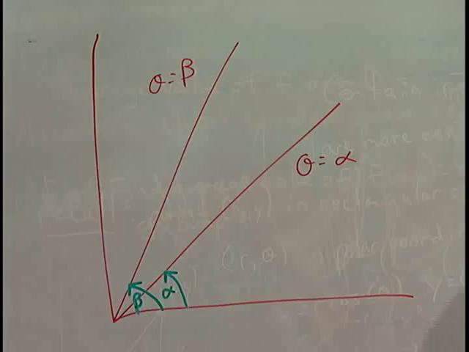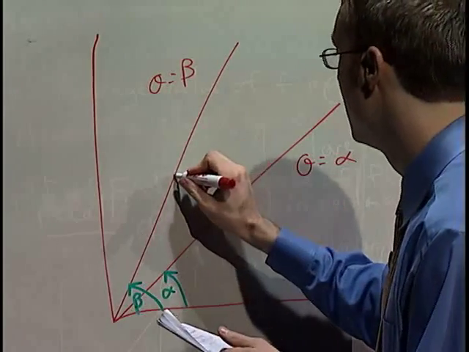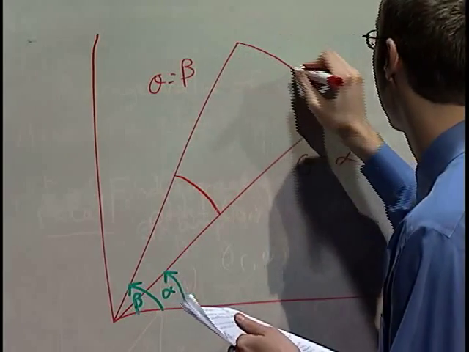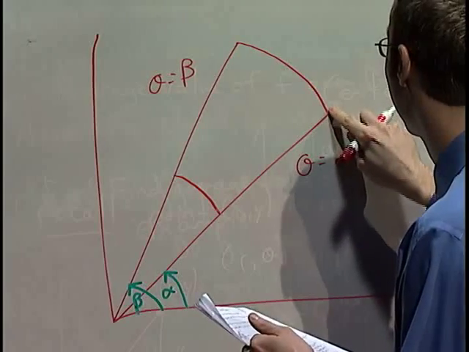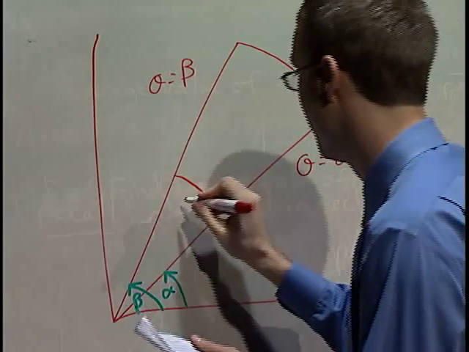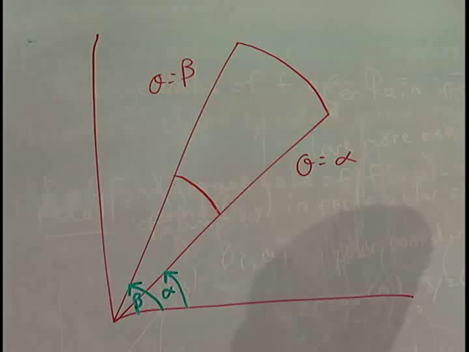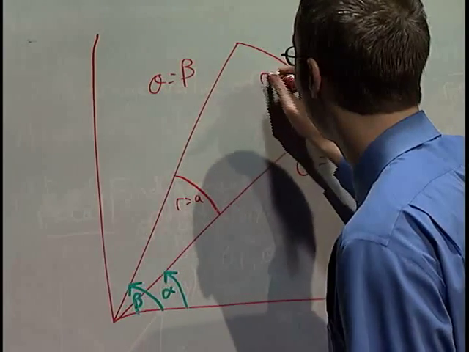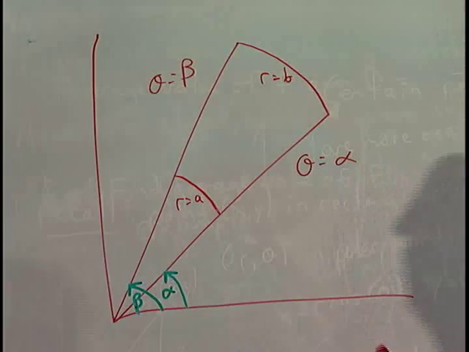And we also have two radii values of circles. We'll call these r equals a and r equals b. So those are radii of circles, pieces of radii of circles.